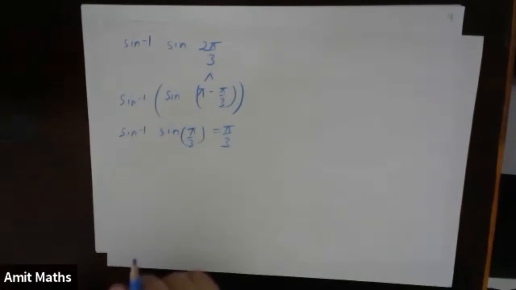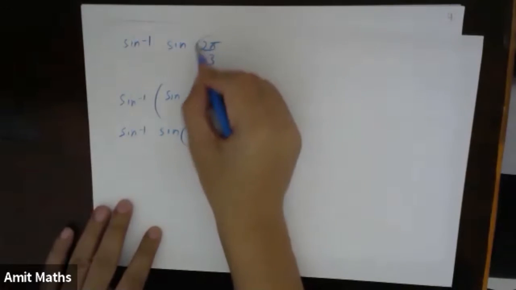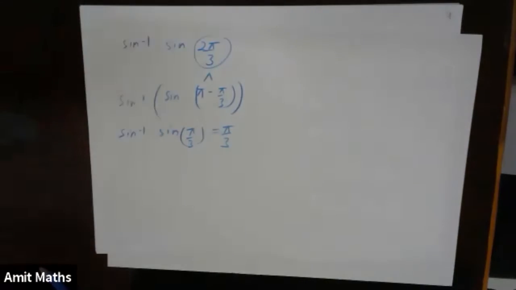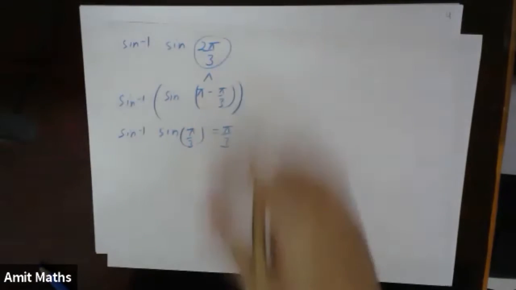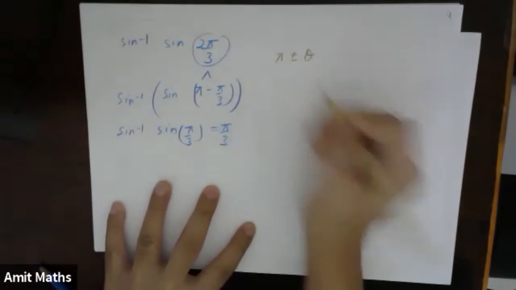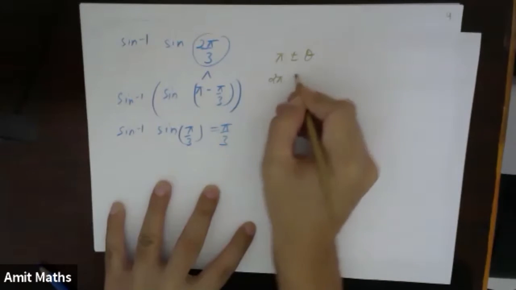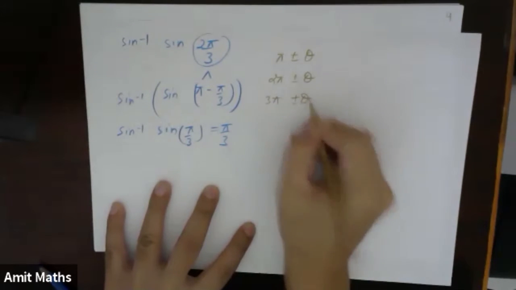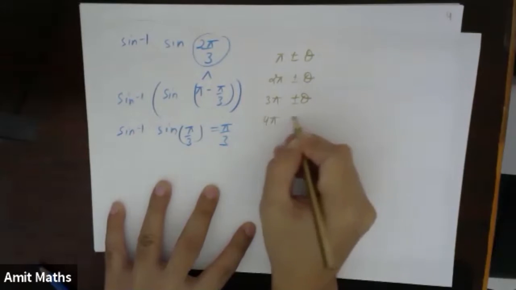Okay. What am I doing? See, why am I converting into pi minus pi by 3? I can only form pi plus minus some angle theta, 2 pi plus minus some angle theta, 3 pi plus minus some angle theta, 4 pi plus minus some angle theta.